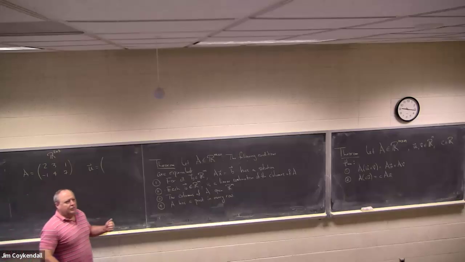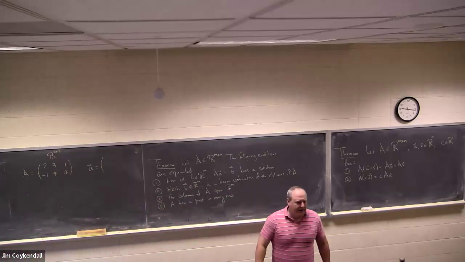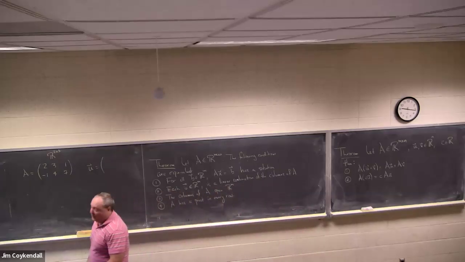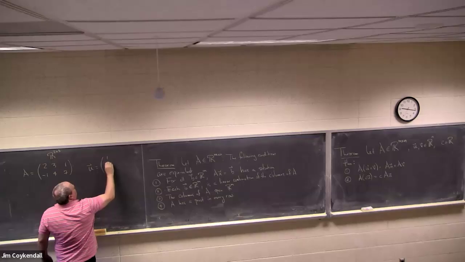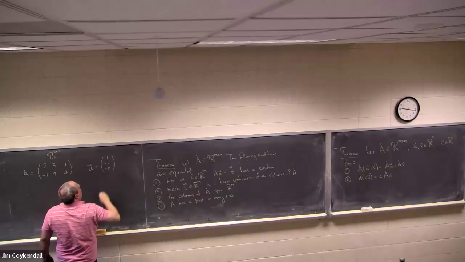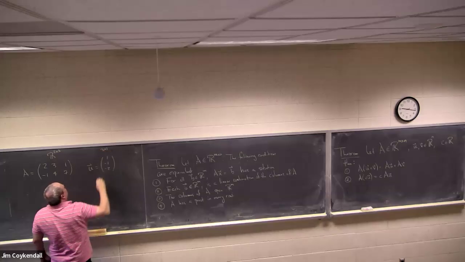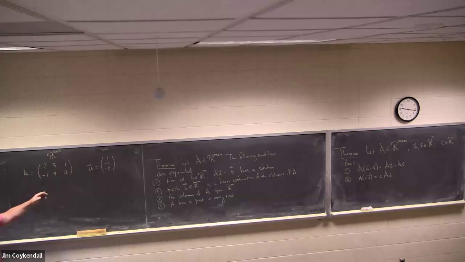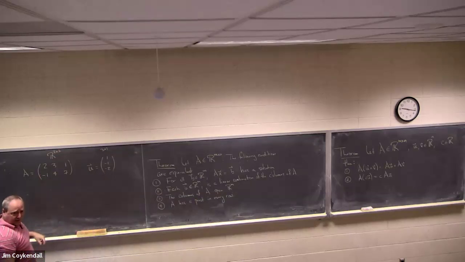What size does U need to be for me to be able to actually do this? 3 by something. 3 by 1, right, well, 3 by something more general if it's a matrix, but yeah, in this case, let's go 1, minus 1, minus 2. It has to be 3 by 1. And when I multiply this, what should it barf out? Right, it should be a 2 by 1. Do I agree with that?